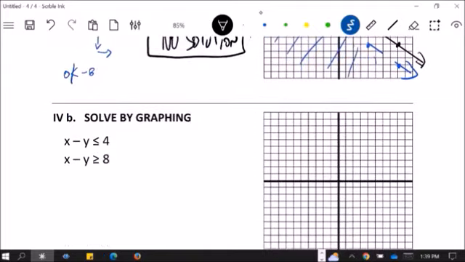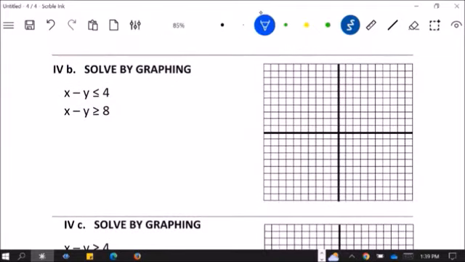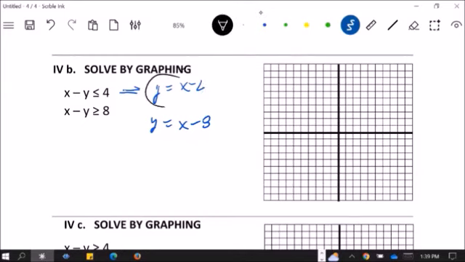Okay, let's do these last couple more. I'm going to change these so that this one is y equals x minus 4. And then the second one, y equals x minus 8. So first, this one, I'm going to do this one in black.